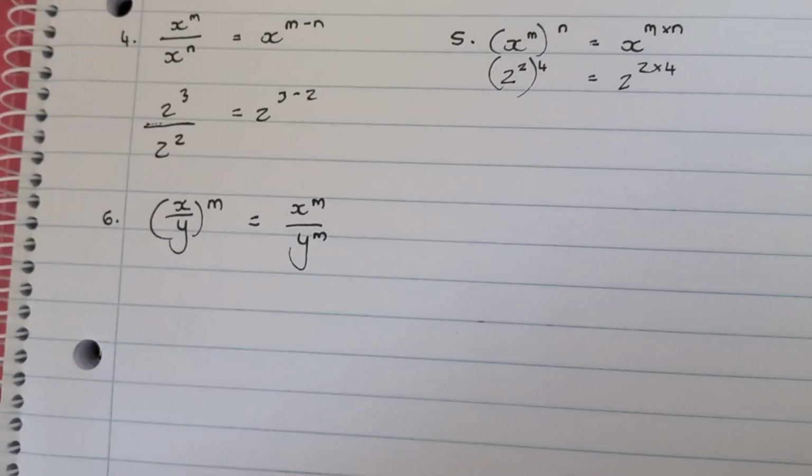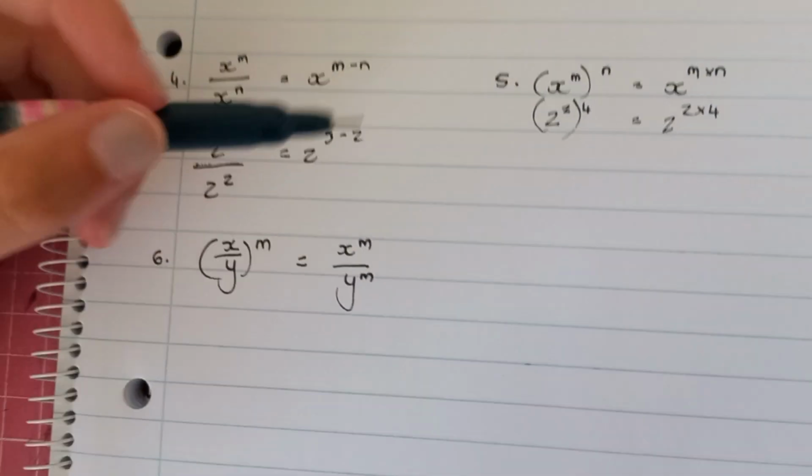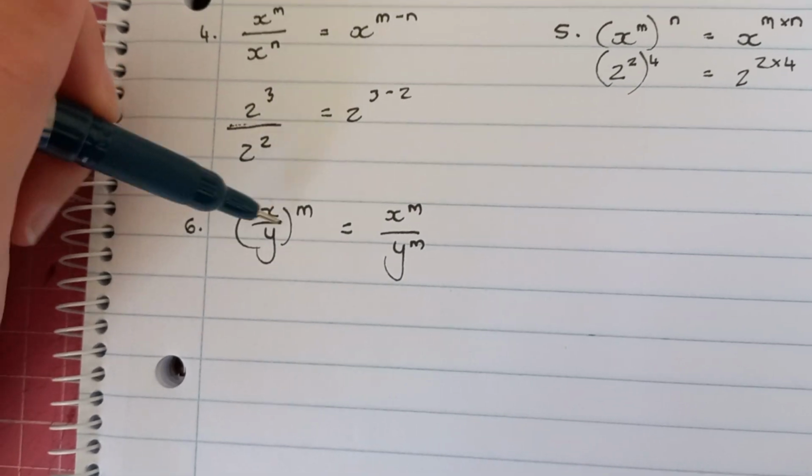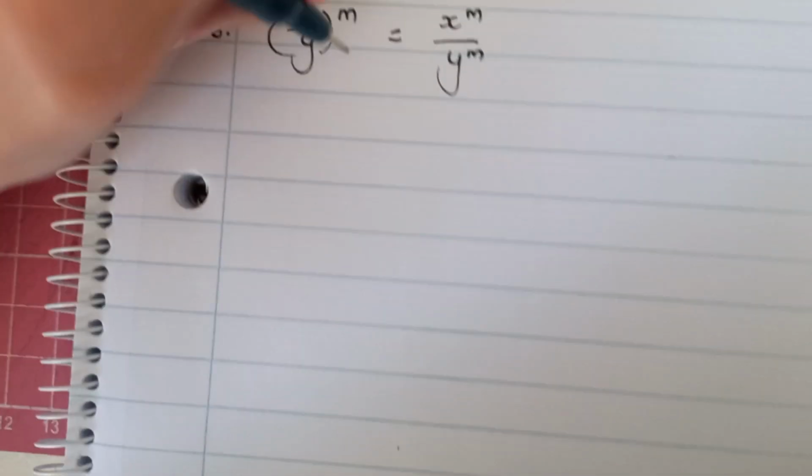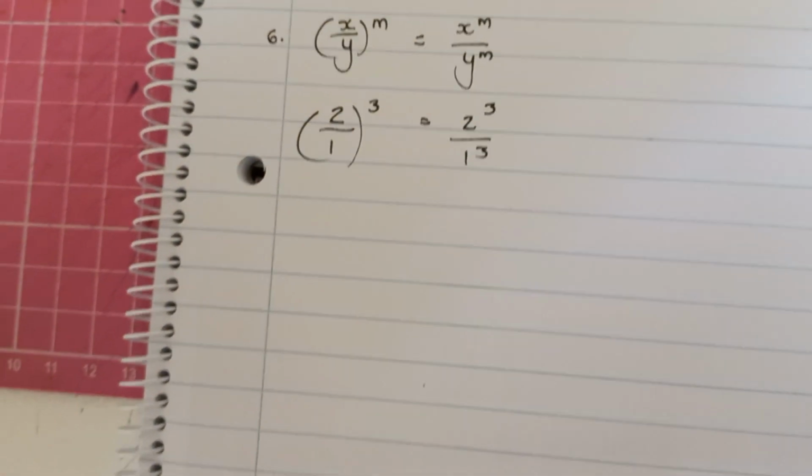Okay, just like number 6. So that again applies with any number. If that was 2 and that was a 1, let's just do an example, say like that, to the power of 3, it would be equal to 2 to the power of 3 over 1 to the power of 3. Okay, so anything like that.